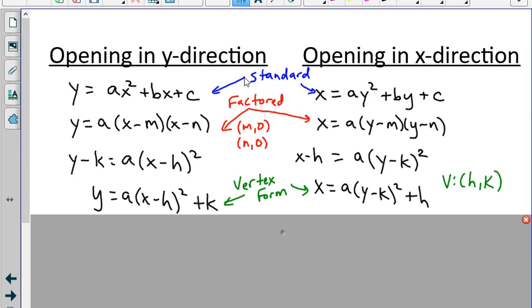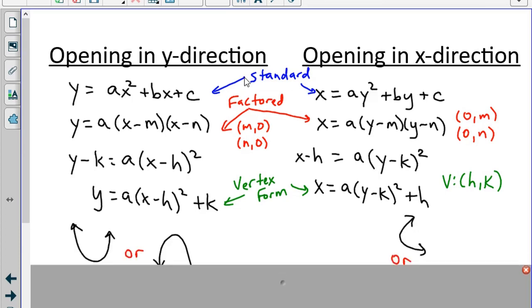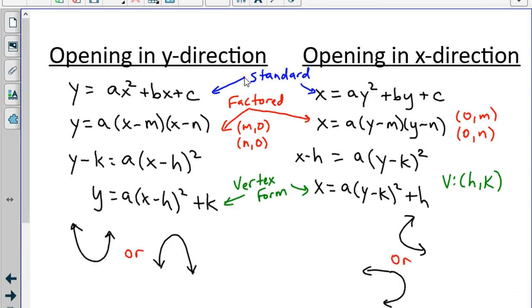But if it's opening in the x direction, our intercepts are 0 comma m and 0 comma n. That's because if it's opening in the x direction, we're going to have possibly two y-intercepts, whereas if it opens in the y direction, we have potentially two x-intercepts.